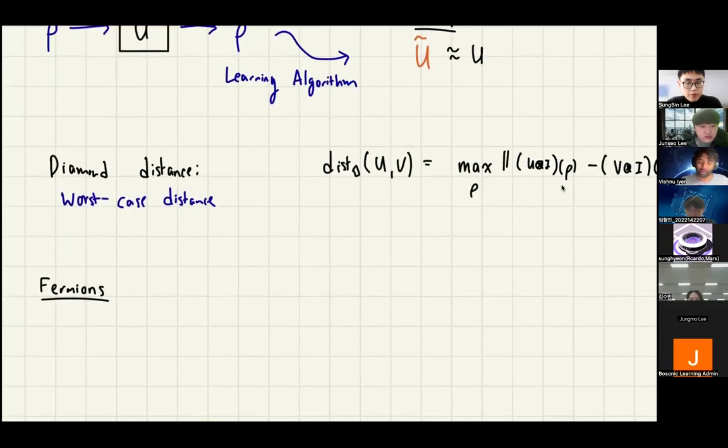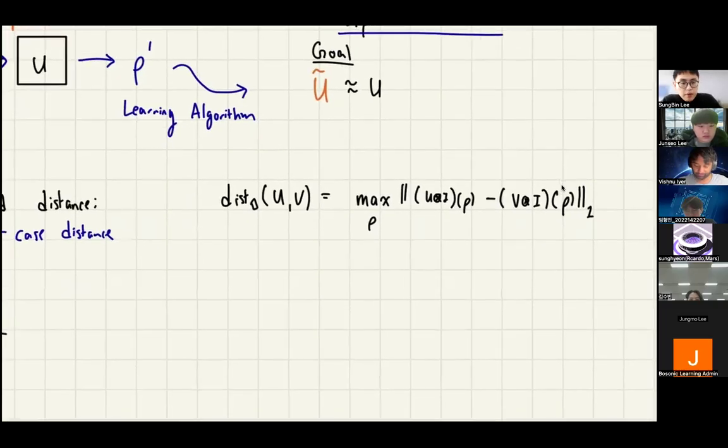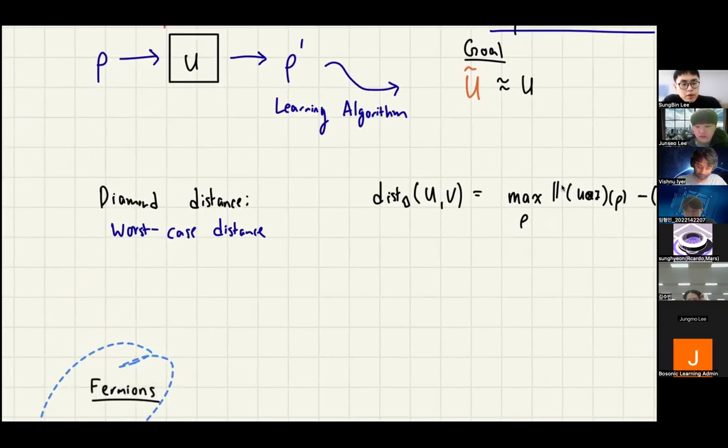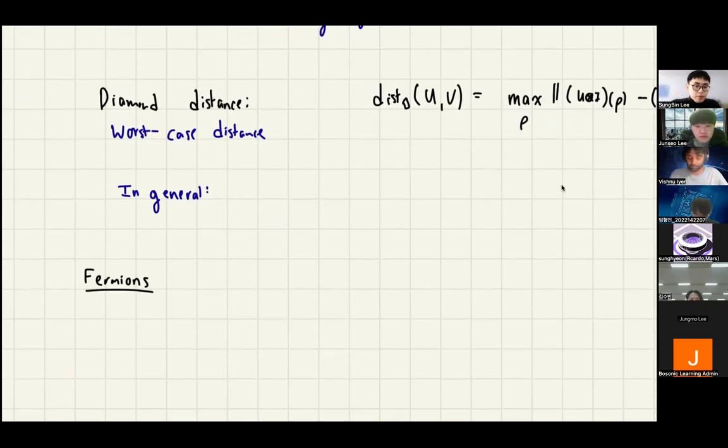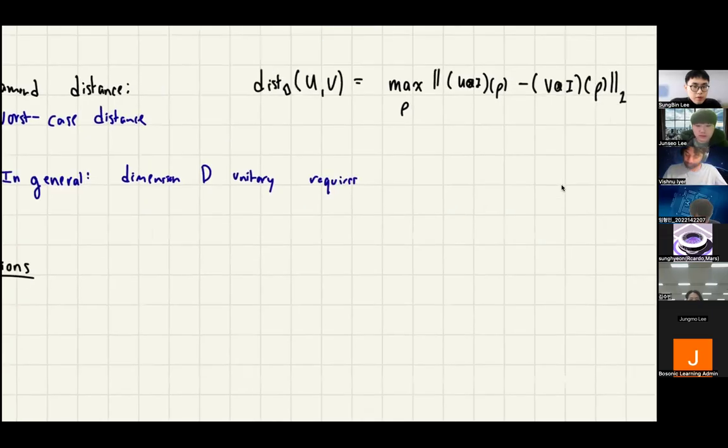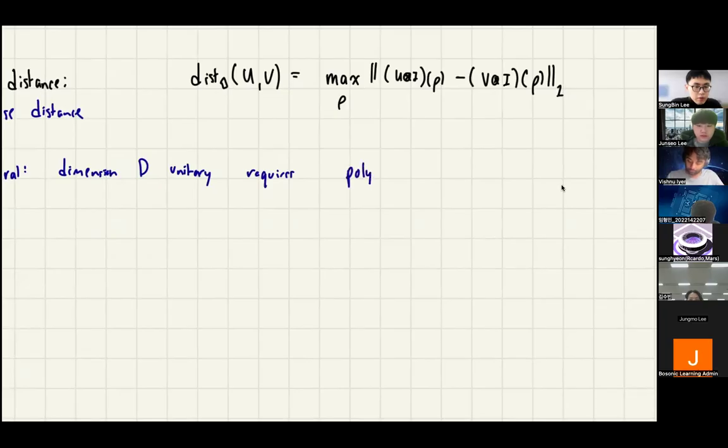Yes. Again, one thing I didn't say is, in general, if you have a dimension D unitary, learning it requires polynomially many in D queries, and it also requires polynomial in D time.